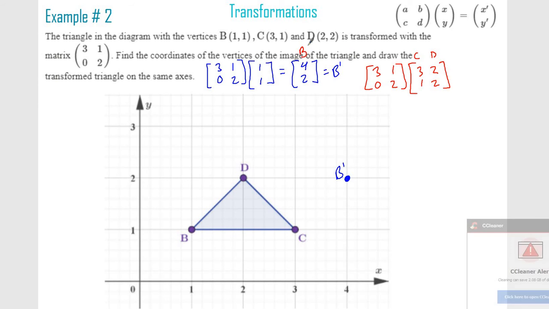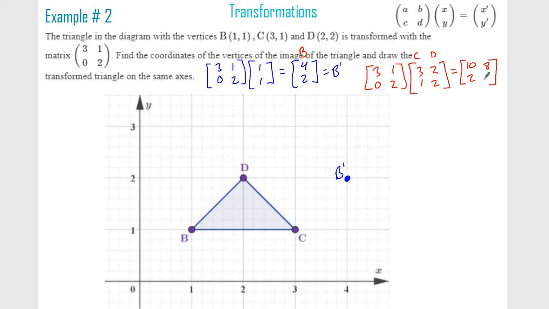This was originally point B. If we multiply that out, we should get 10, 6 and 8, 2, 4. So now C prime is 10, 2, and D prime is 2, 4. Those are the new points.